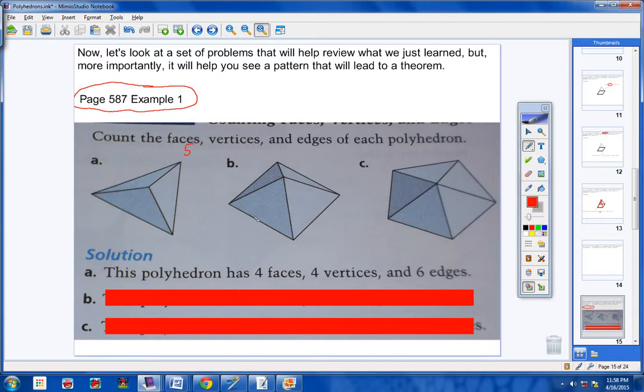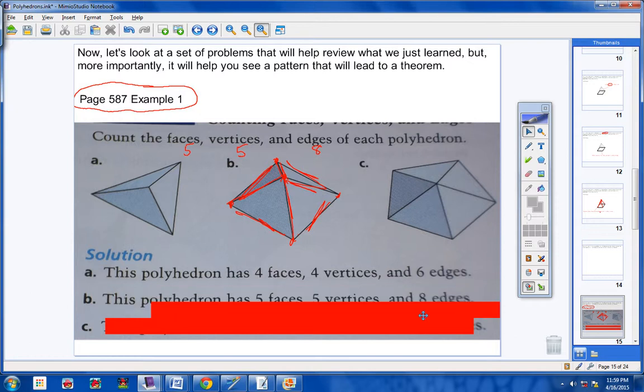Well, let's see. 1, 2, 3, 4, 5. 5 vertices. Now how about the edges? Well, we got 1, 2, 3, 4, 5, 6, 7, 8. So 8 edges. Okay? So let's see if that's right. 5 faces, 5 vertices, and 8 edges. Okay? That is correct.